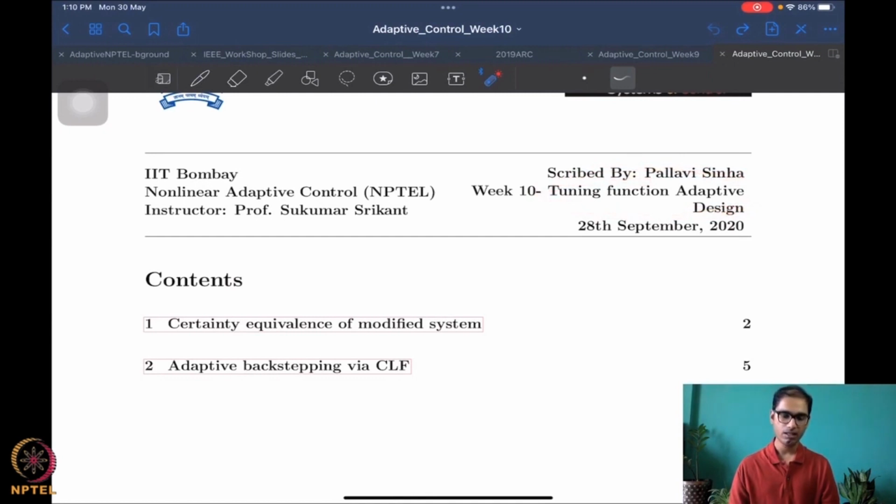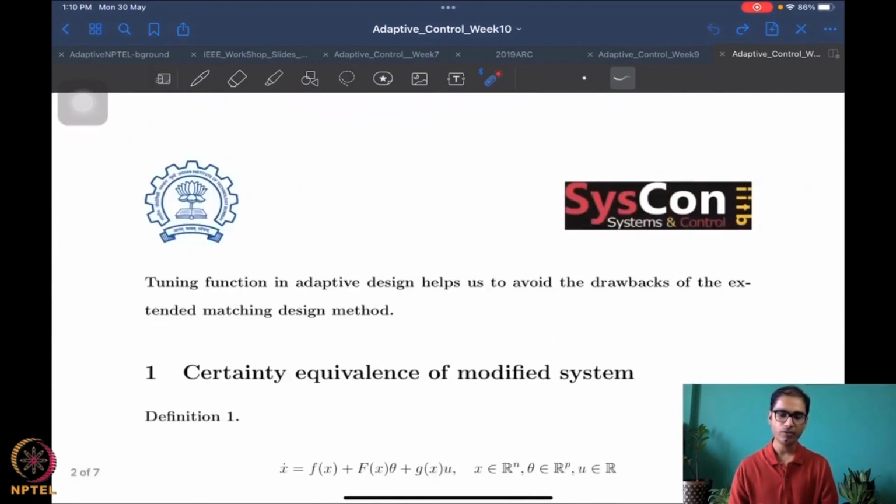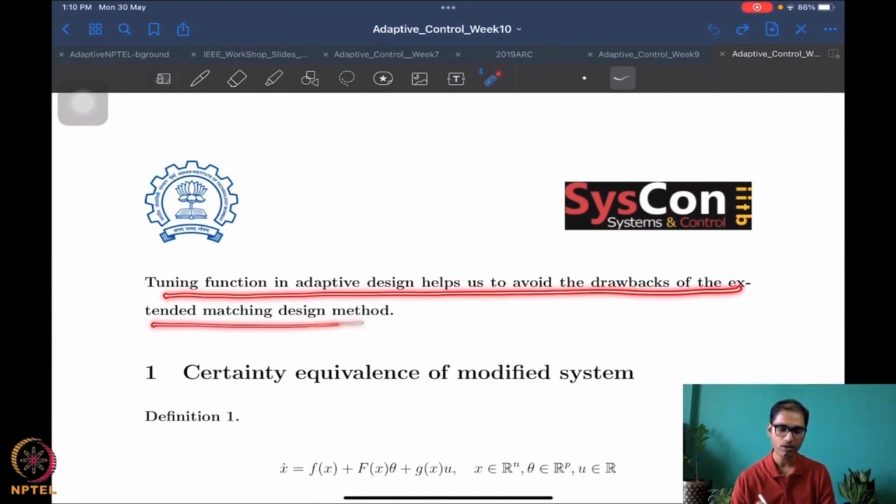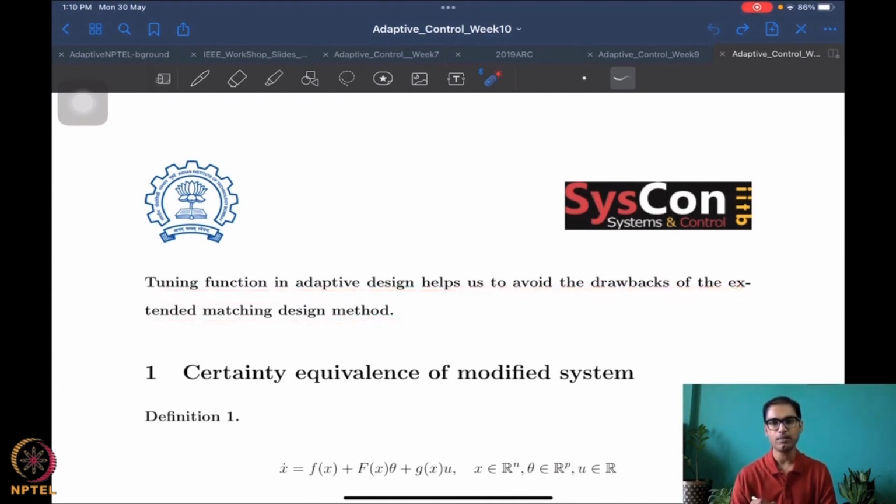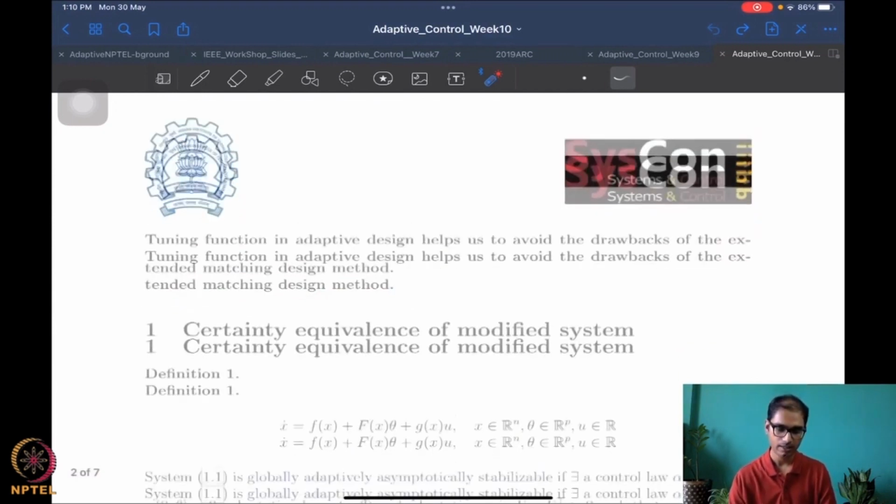So we have a few definitions first, and I will go into some detail of nonlinear control in this set of lectures, for us to be able to understand these definitions better.